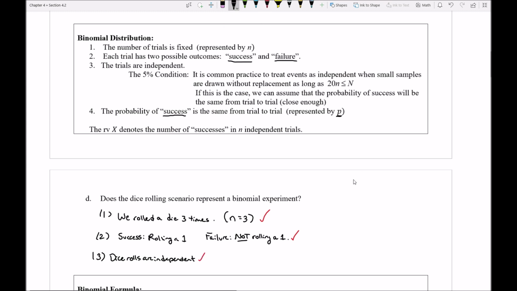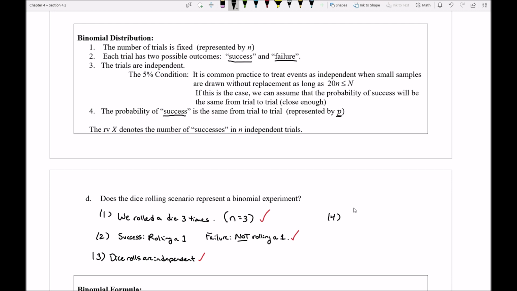And then I'll take a look here over on the side. Number 4 is my probability of success. Is the probability of rolling a 1 always the same every time I re-roll the die? And yeah, it's not like we switched dice or went to a trick die halfway through or a die with a different number of sides. We re-rolled the exact same die every time, and that chance of rolling a 1 was always 25%.